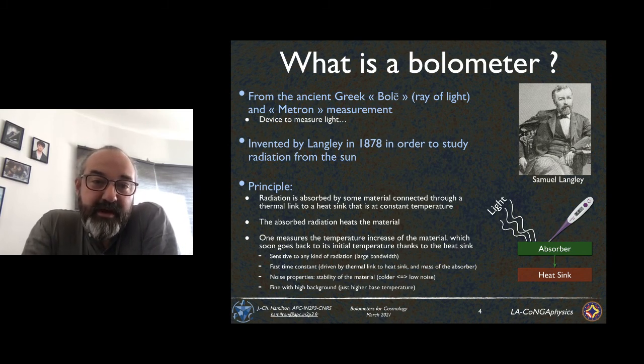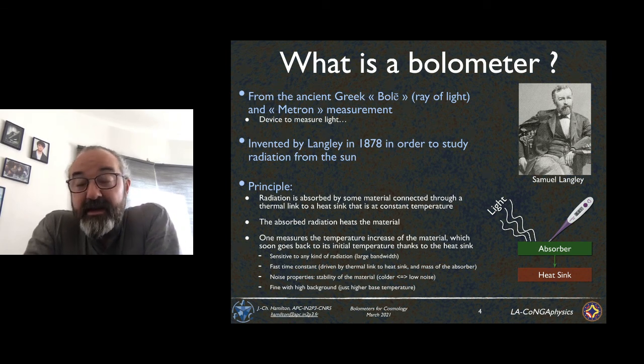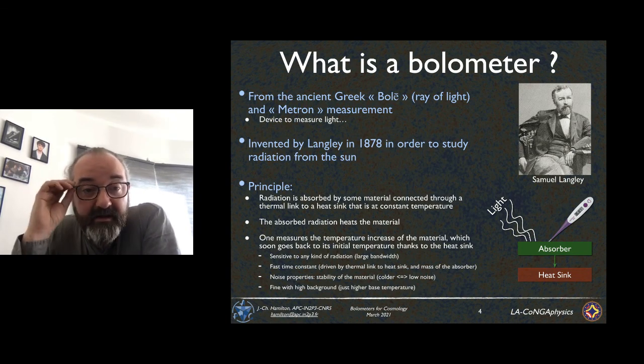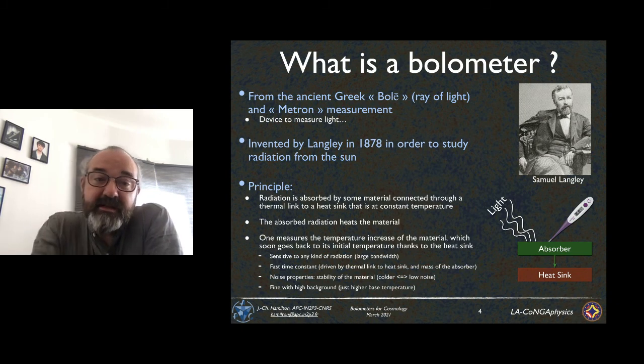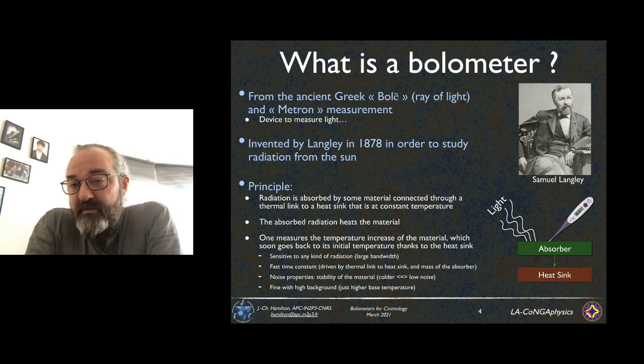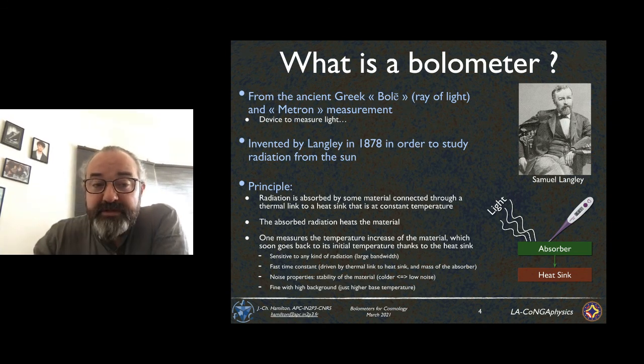So bole means ray of light, and of course metron means measurement. So basically this is a device that is designed to measure light. It actually measures more than light, but anything that dissipates energy in the medium. So they were invented by Langley, an American astronomer and physicist, in 1878, and he invented them to study the radiation from the sun.